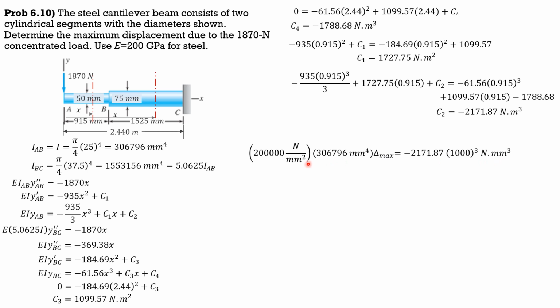The left side is Newton mm square times delta max in mm, so Newton mm cube. So delta max is in mm. Delta max is negative 35.396 mm. The negative sign indicates that the displacement is downward. So that's it for this problem.